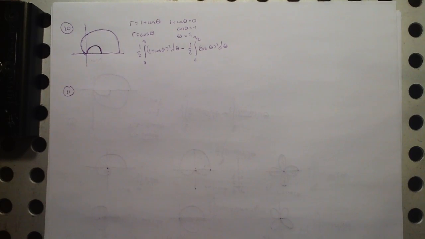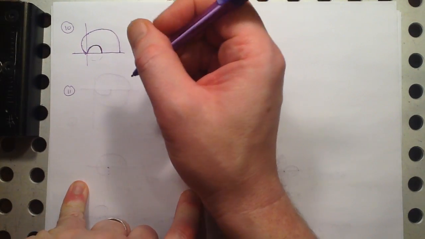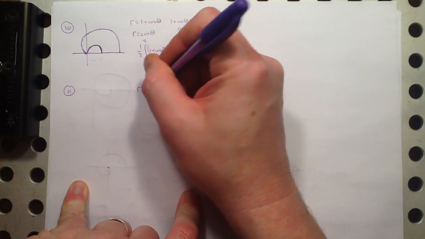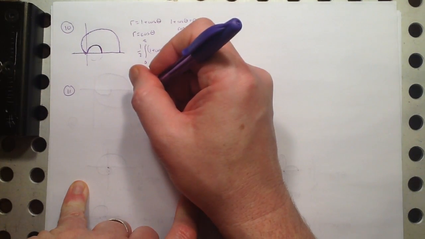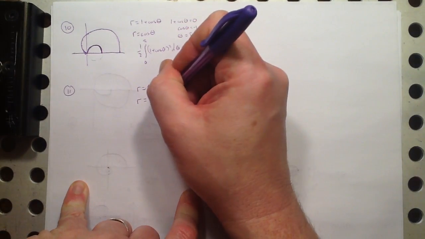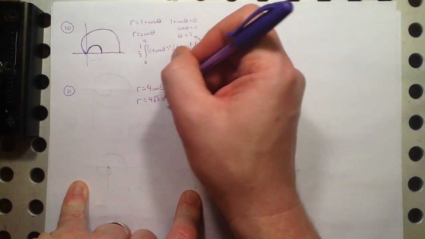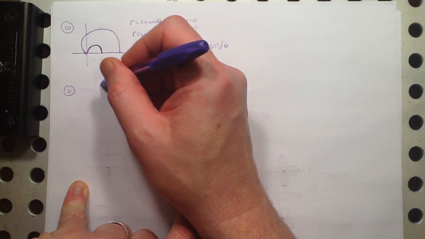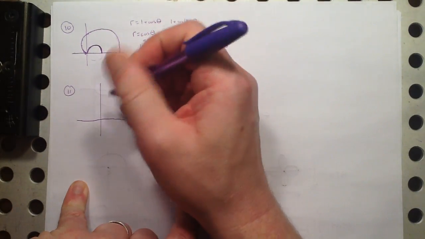Number 11, now I've got an intersection of two curves, like two circles. It's r equals 4 cosine theta, so that's a cosine circle with a radius of 2, and r equals 4 square roots of 3 times the sine of theta. That's a sine circle with a radius of 2 square root 3. So let's see if we can make some kind of reasonable sketch of that.